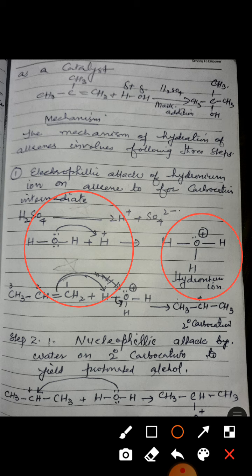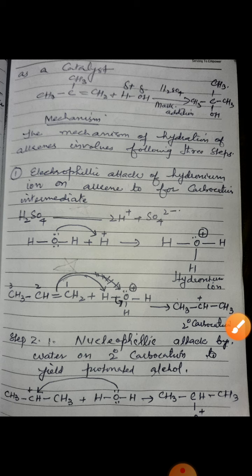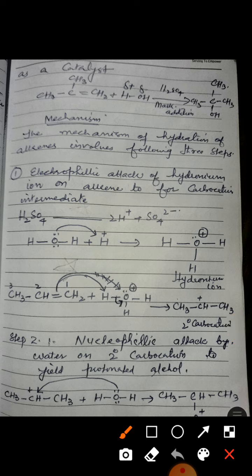Later on, this hydronium ion reacts with our unsymmetrical alkene. This is the unsymmetrical alkene, and this is our hydronium ion.